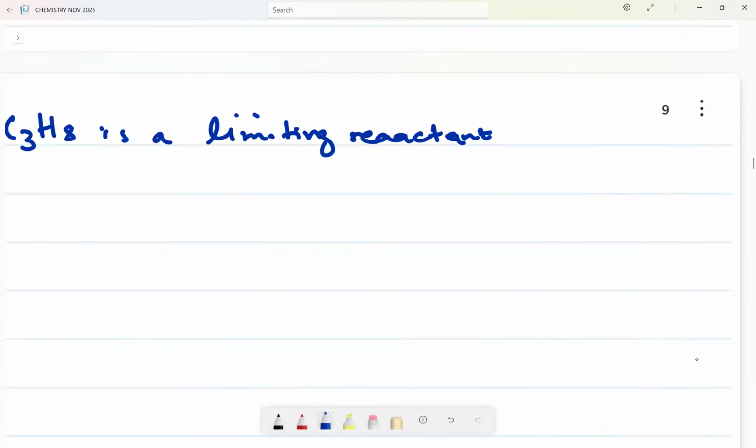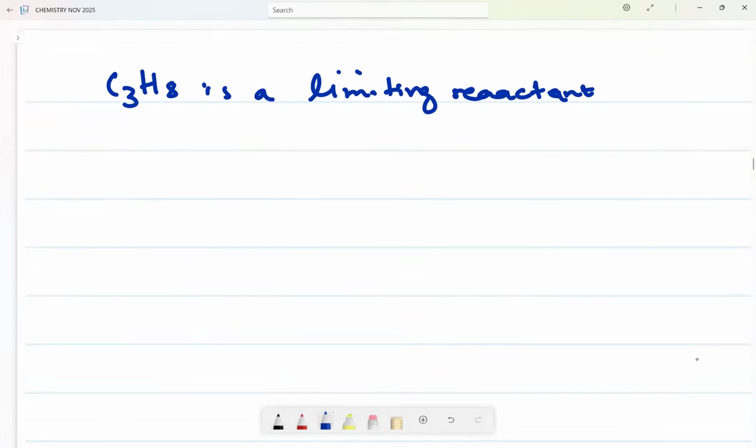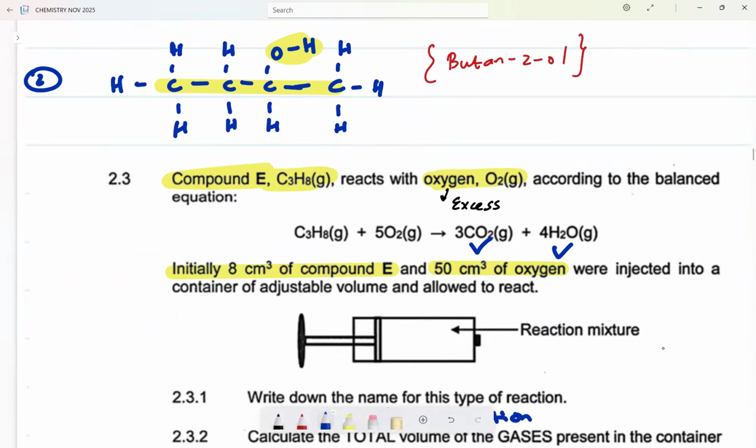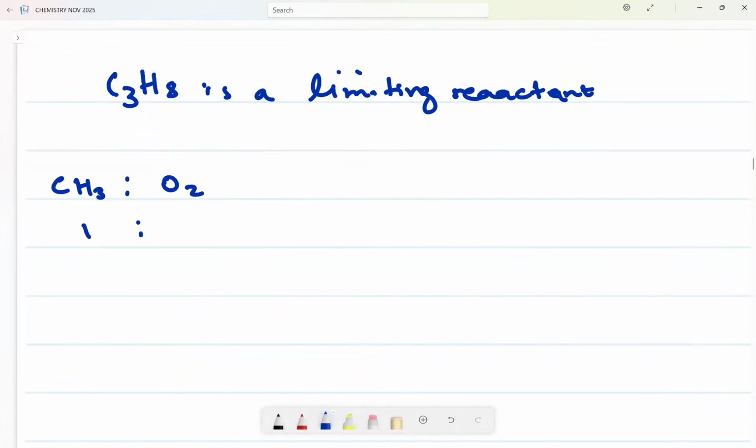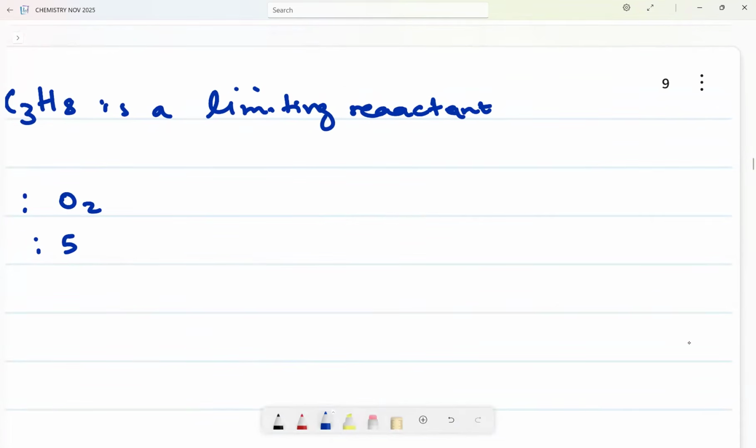So it means we will use the 8 centimeter cubed for that one to see how the others reacted. Let's use the ratio between C3H8 and O2. The ratio between C3H8 and O2 is 1:5. But we know that all of the 8 centimeter cubed of C3H8 will fully react.